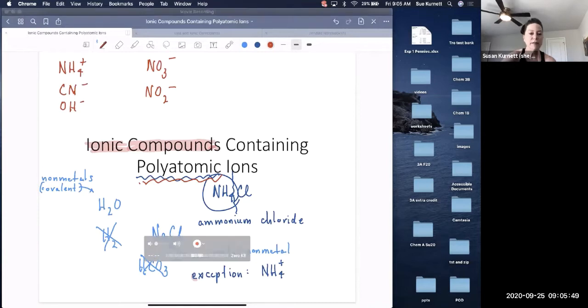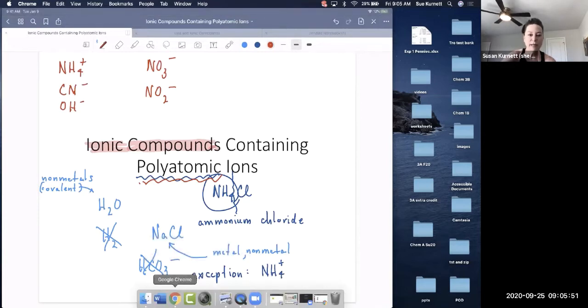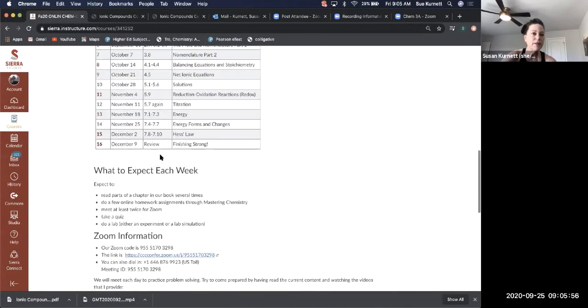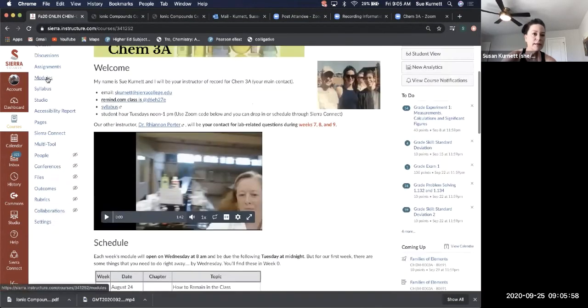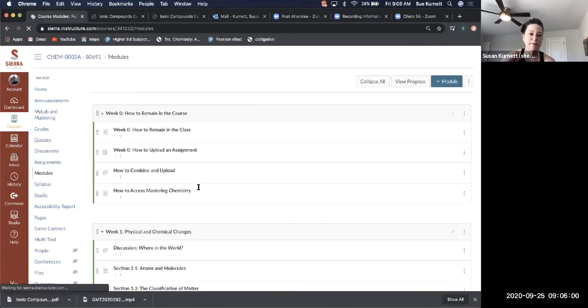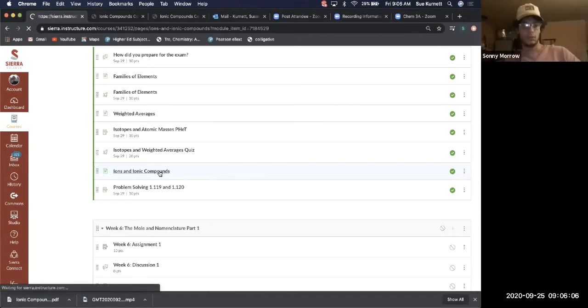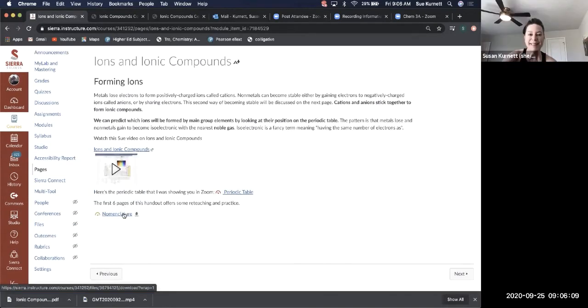Where can you find all of these? You can find these in the nomenclature packet. So let me go to the module that is this week, week 5, to the page we're talking about, ions and ionic compounds. On that page is a 33-page packet, but don't be alarmed.